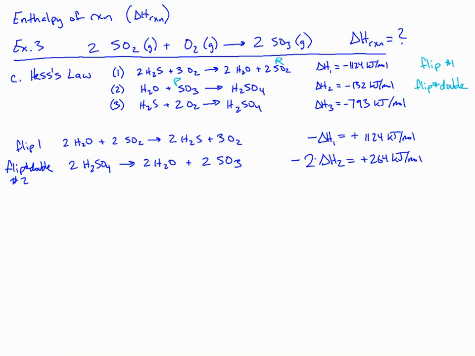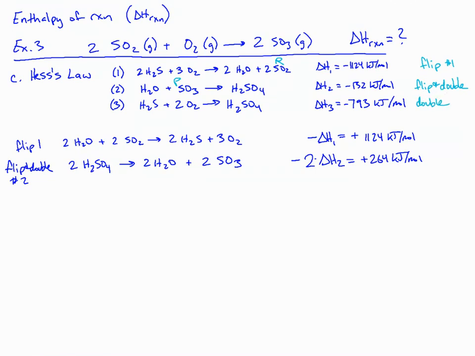Now the third reaction, it has H2SO4, which we needed to cancel. And it has H2S, which we need to cancel. So what we're going to do with this one, the sides are okay, but we have to double this one.